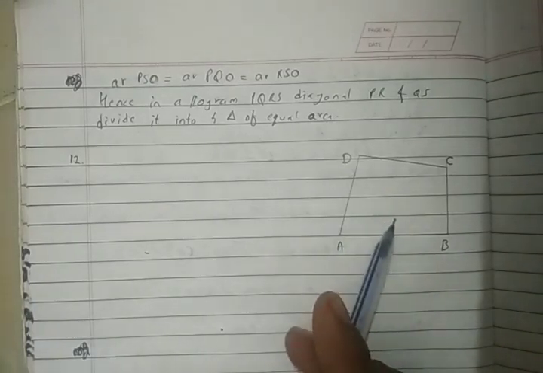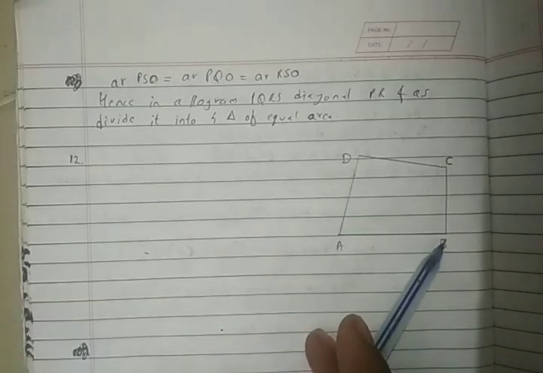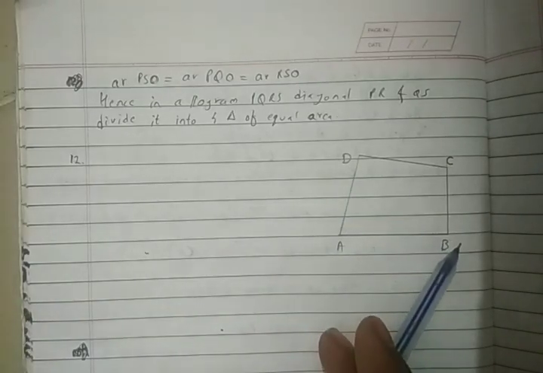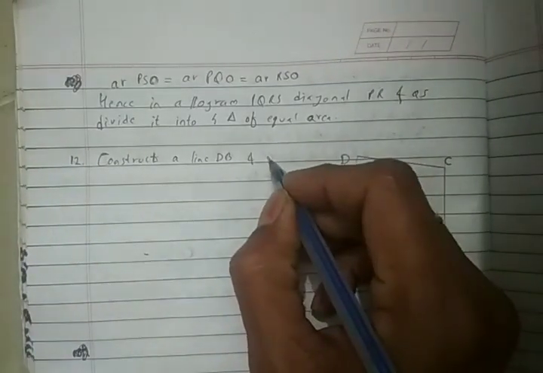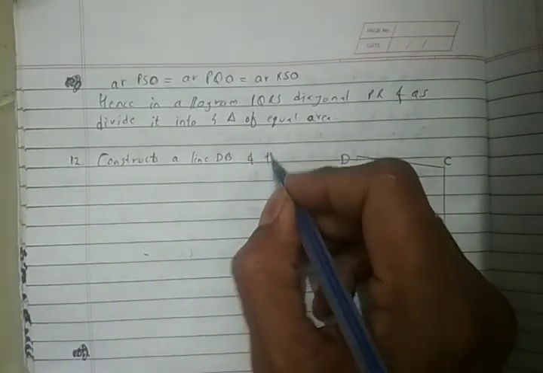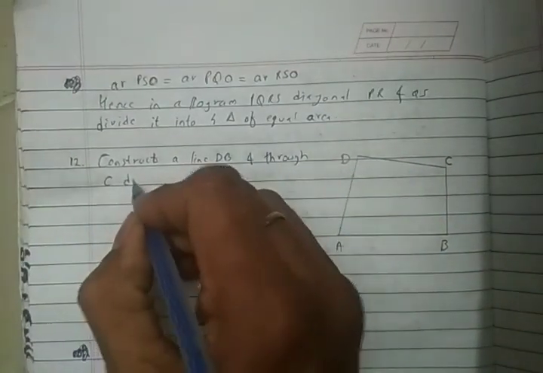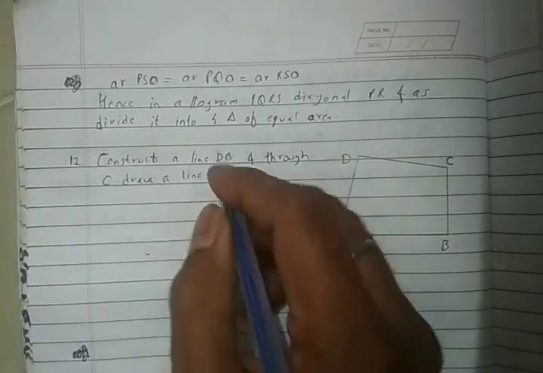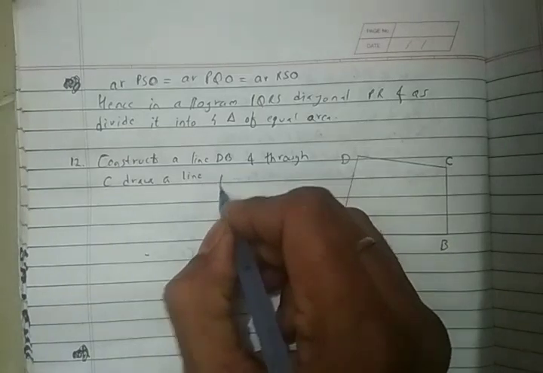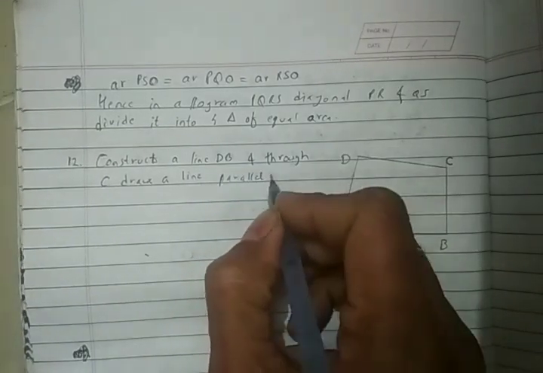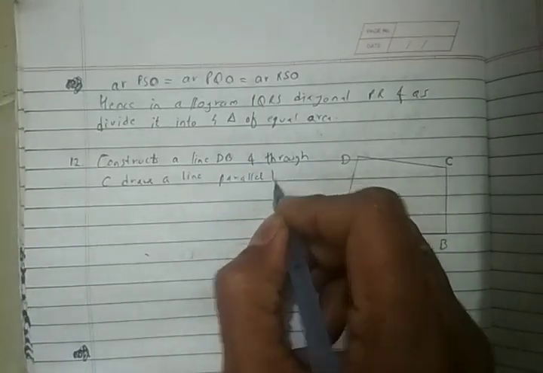First we will have to construct one line which will join D and B. And through C draw a line parallel to BD.